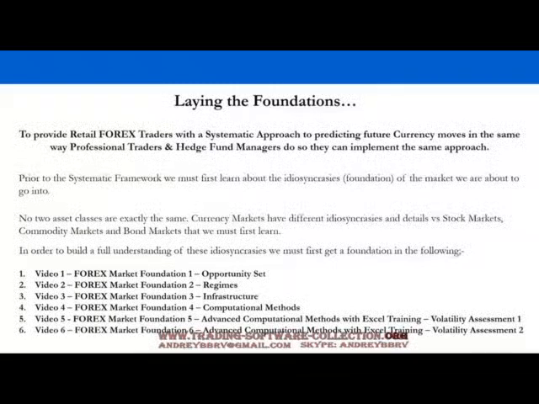In video 1, we're going to look at the first Forex market foundation area, and this is the opportunity set. What is the opportunity set? Well, all traders, whether it's in the currency markets, stock markets, commodity or bond markets, are really slaves to volatility.